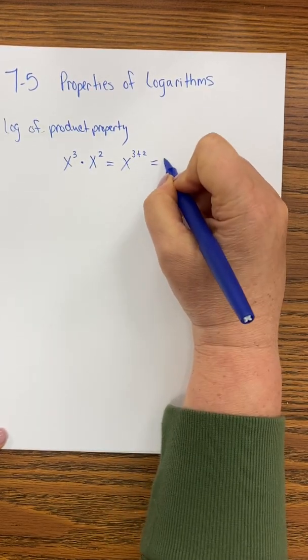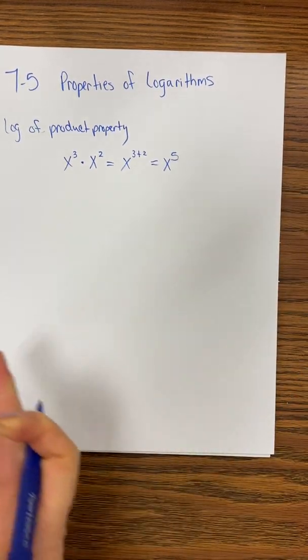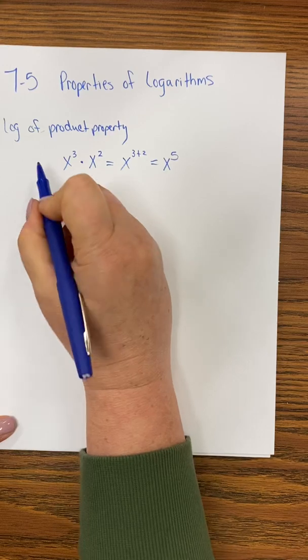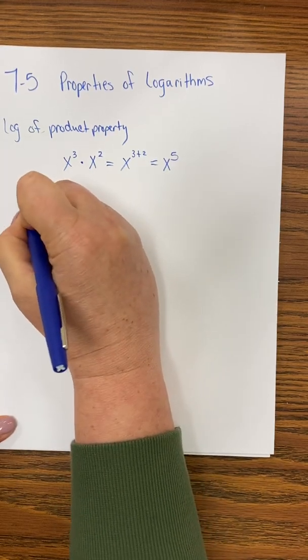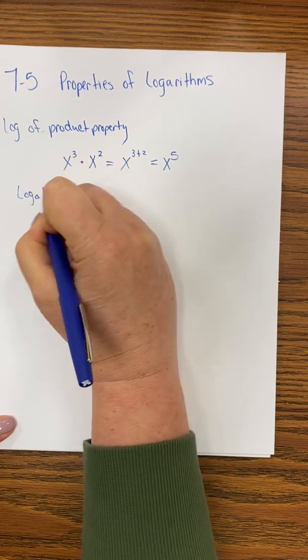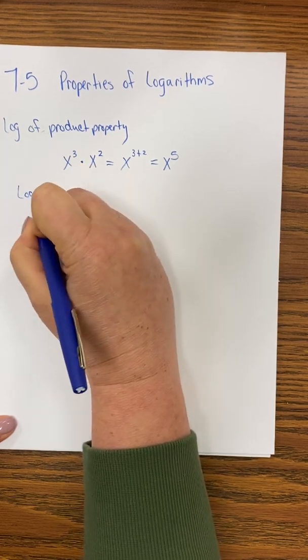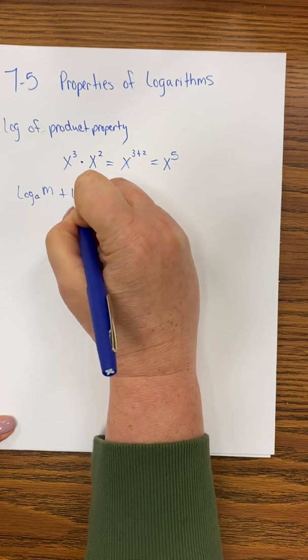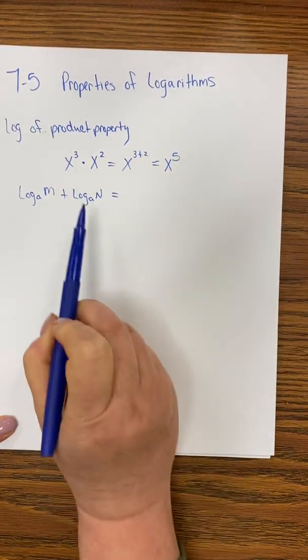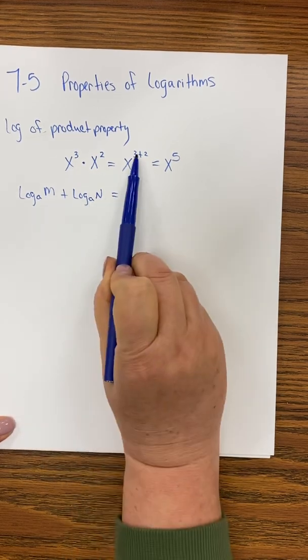Okay, so what you got to think of is logs are kind of like undoing that. So if I'm going to do the log product property, I would have the log base A of M plus log base A of N. So there's that addition that we use there.